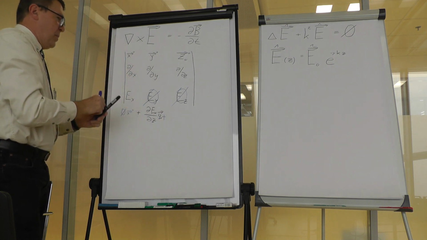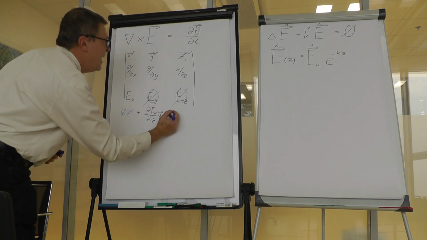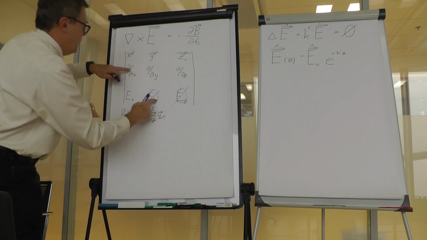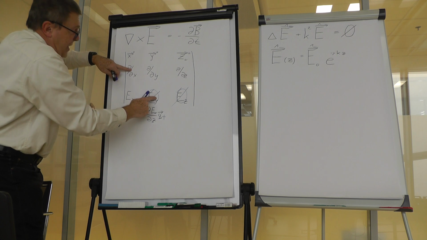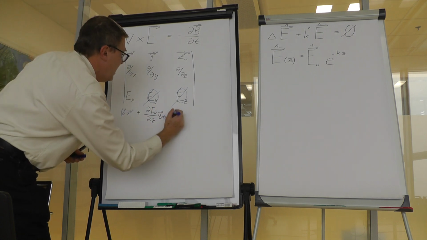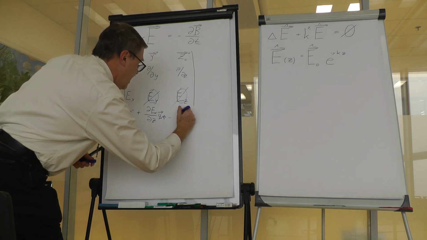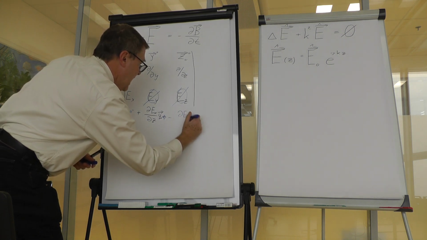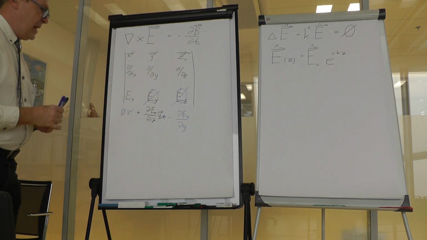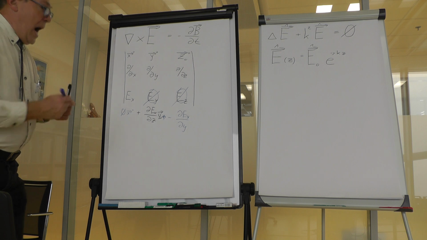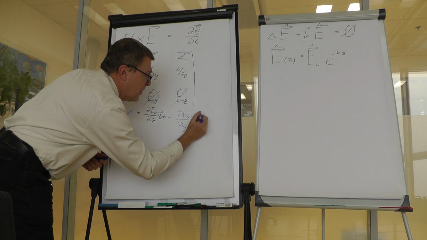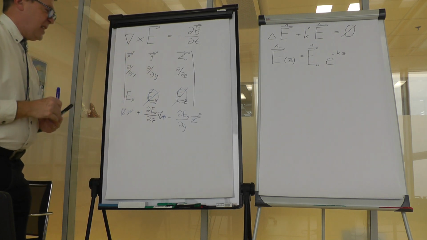And now we have a component which I will again mark in blue, and that is a derivative of 0 against x, which is 0, minus a derivative of Ex against y. And that belongs to the direction of the unit vector in the z coordinate.